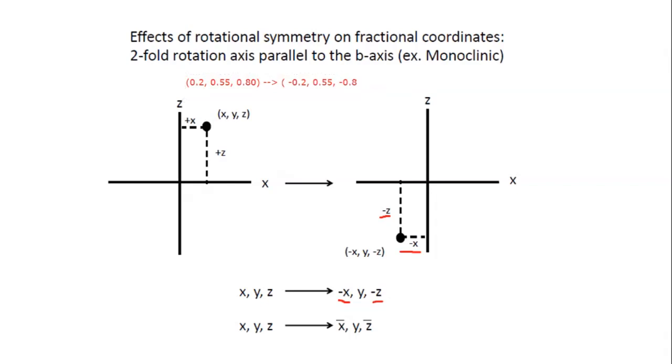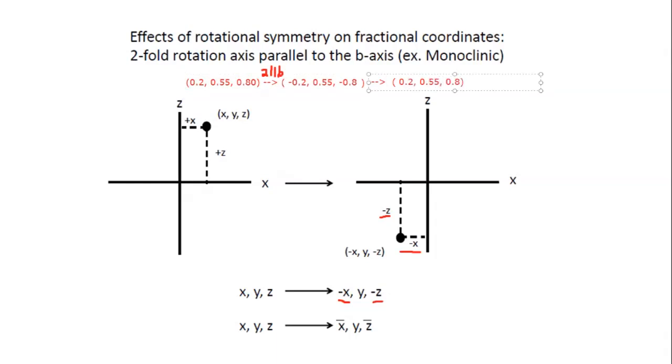Now the cool thing about rotational axes is if you keep on rotating, you'll eventually come back to where you started. So we did one twofold rotation. We got these symmetry equivalent positions. Now you may ask, but what happens if we do another twofold rotation? So if we do another twofold rotation, we just become back where we started.